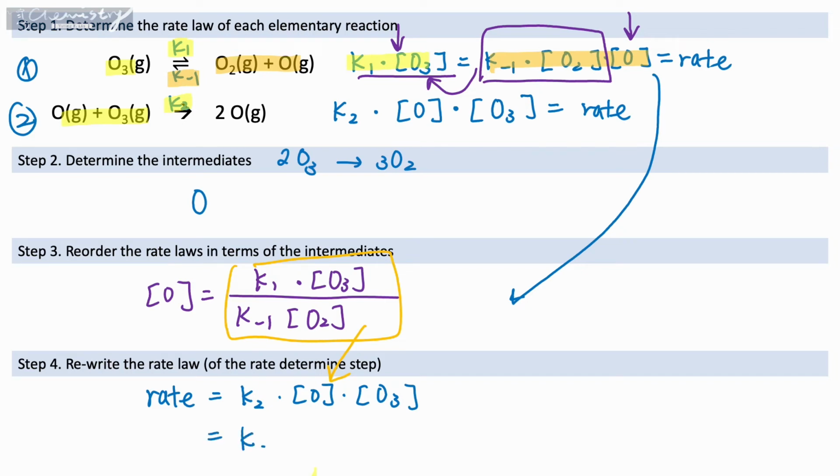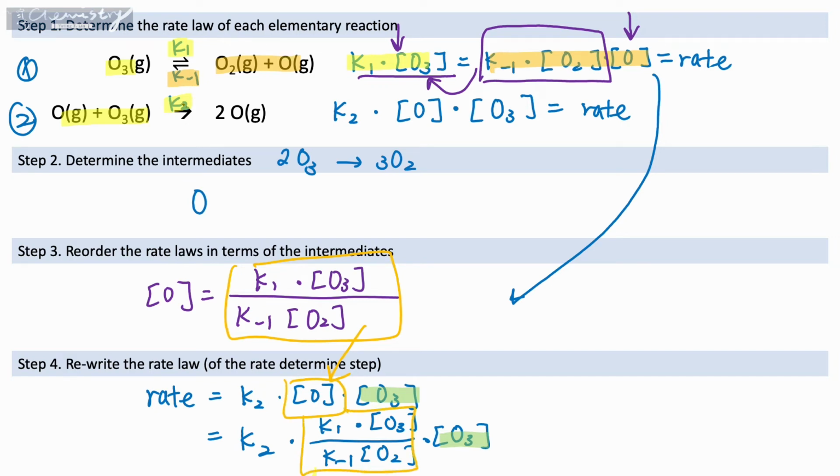So that will be K2 multiplied by K1 times O3 divided by K-1 times O2. Remember that we still have an O3 on the outside. So the O3 is still here. All we did is replace the O, which is just this part.